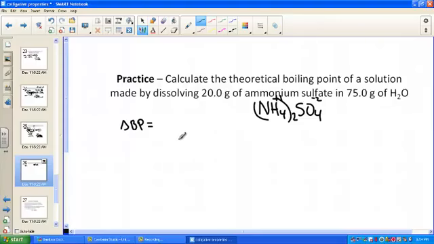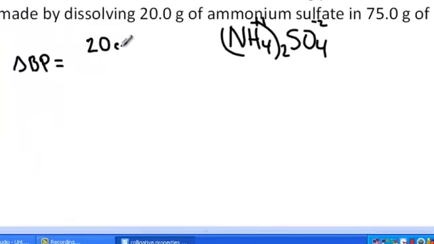Well, we need the molality, so we have a little molality work to do. We have 20 grams of our solute, NH4 taken twice. Let's see, 14 times 2 on the N's, plus 8 for the H's, 32 for the sulfur, 16 times 4 on the oxygens.